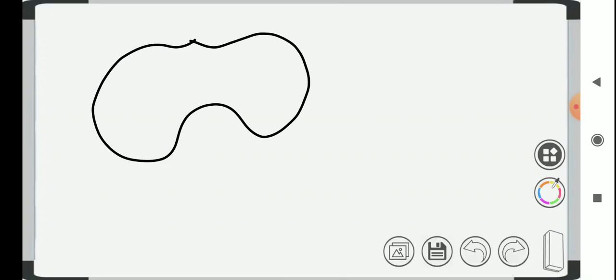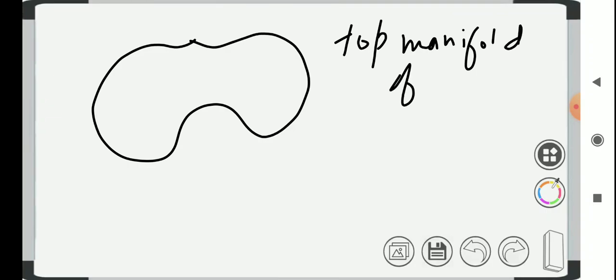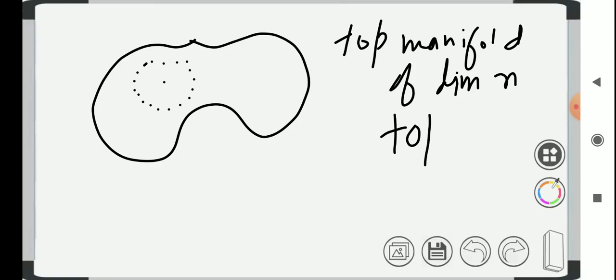If we say that this is a topological manifold of dimension n, then first of all it should be a topological space. This set should be a topological space, and we impose a further condition. Although that is not necessary, we demand that it should be Hausdorff also.